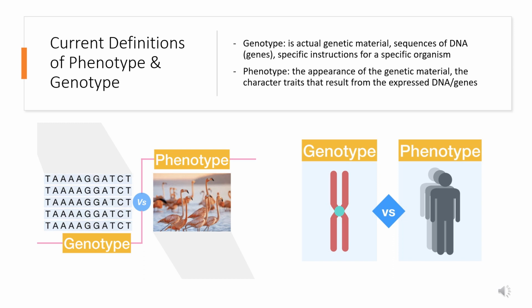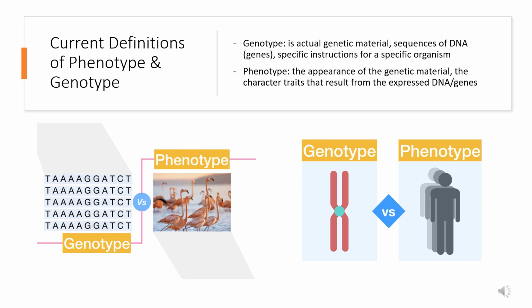Now, genotype and phenotype have often been known as a polar dichotomy, meaning that genotype and phenotype are separate. In most cases, it was often thought that the genotype would code for a specific phenotype. But with what we now understand about phenocopying, this is not always the case.